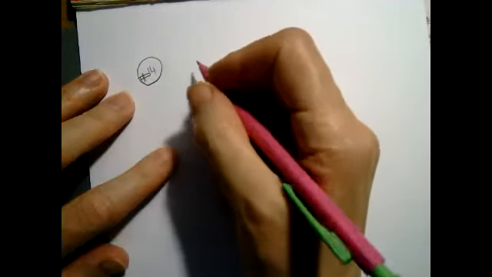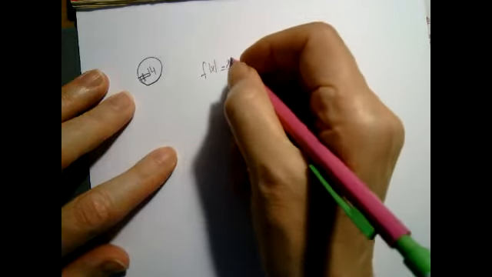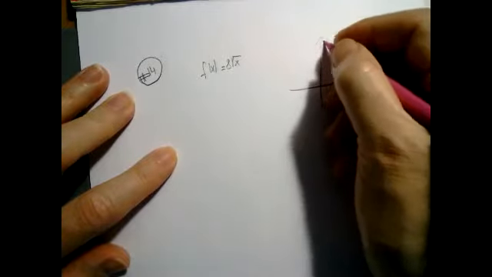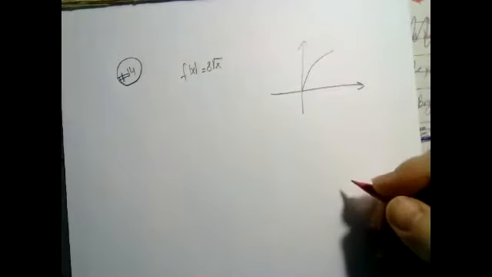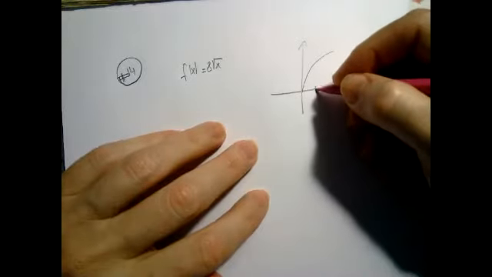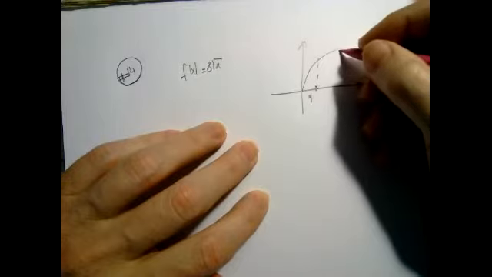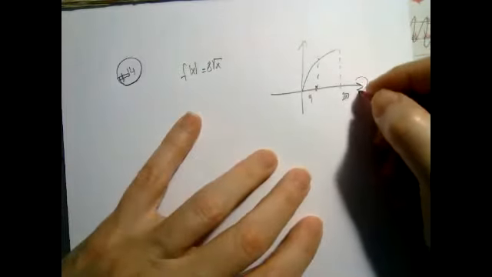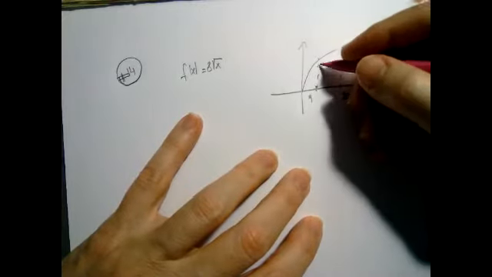Find the surface area of the solid obtained. So we have the function f of x equal 8 square root of x. You don't necessarily have to draw the picture, but I draw it because I like graphs. Between x equal 9 and x equal 20, and we're going to revolve around the x-axis.